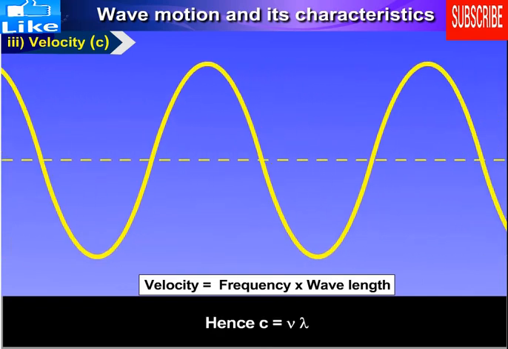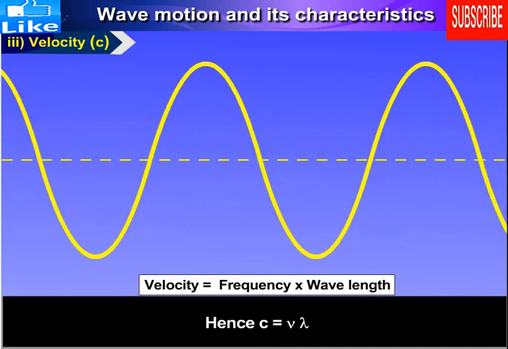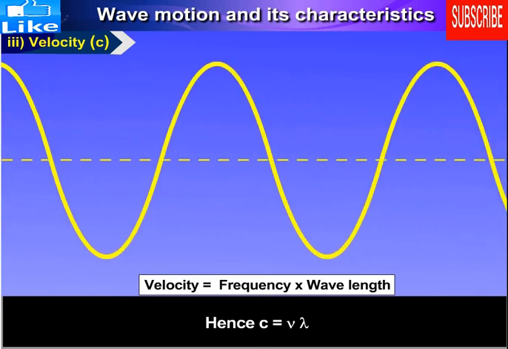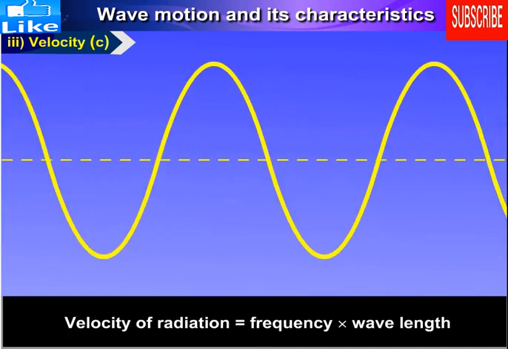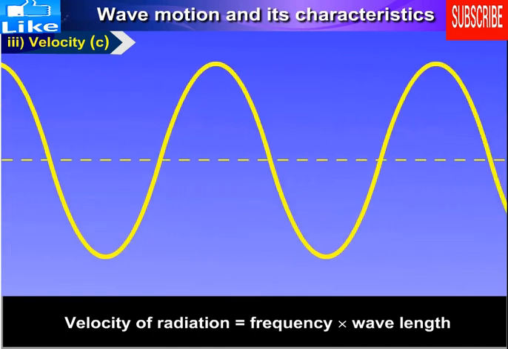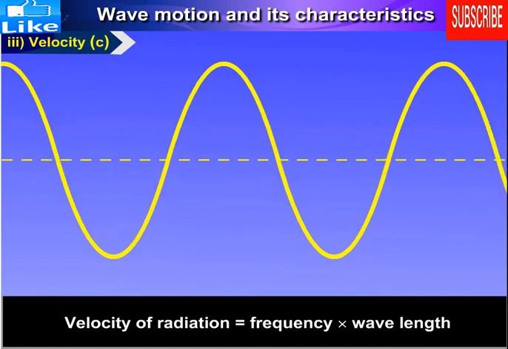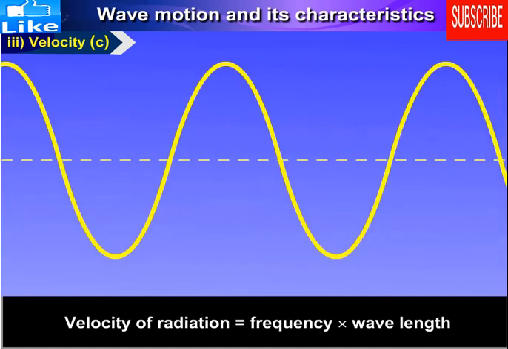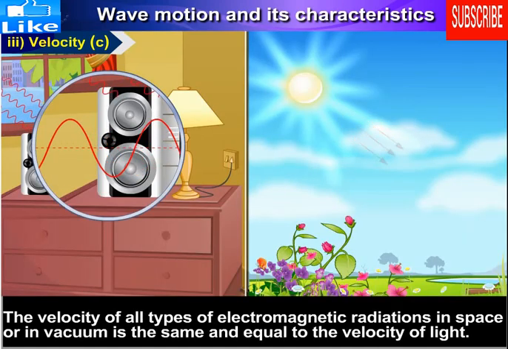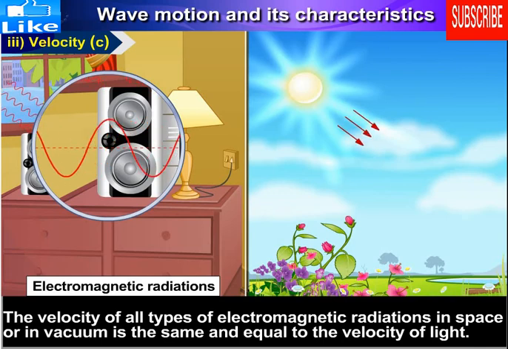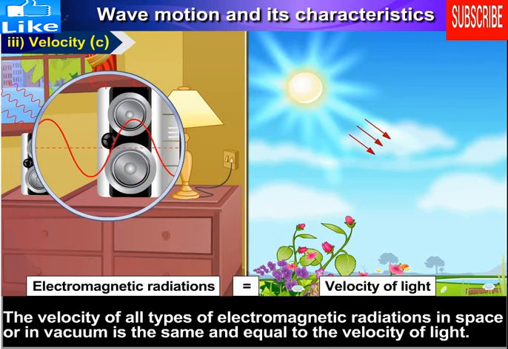Hence, c equals nu multiplied by lambda. Velocity of radiation equals frequency multiplied by wavelength. The velocity of all types of electromagnetic radiations, in space or in vacuum, is the same, and equal to the velocity of light.